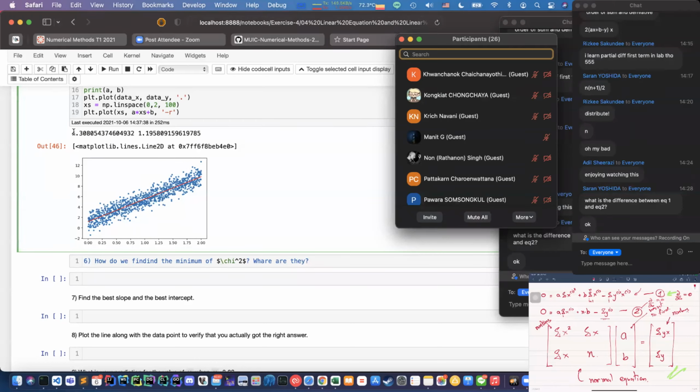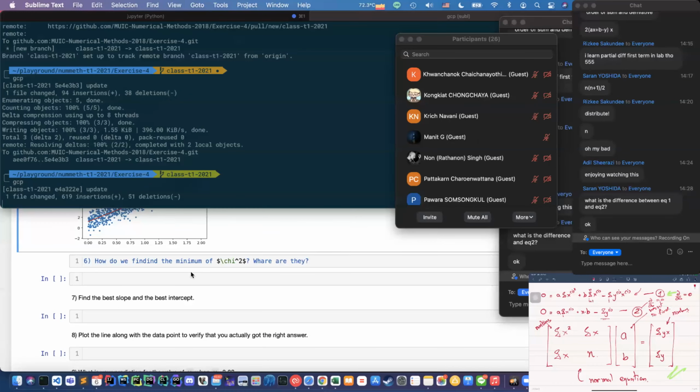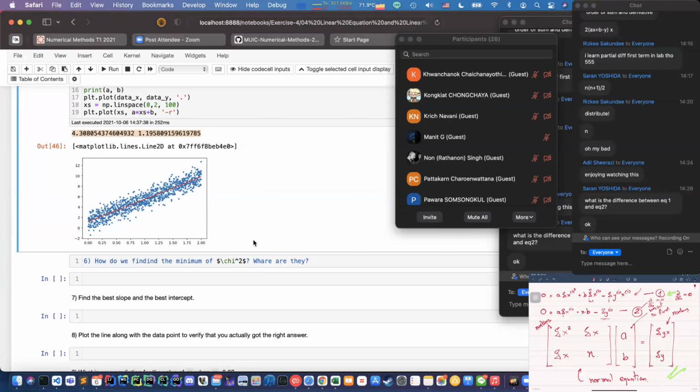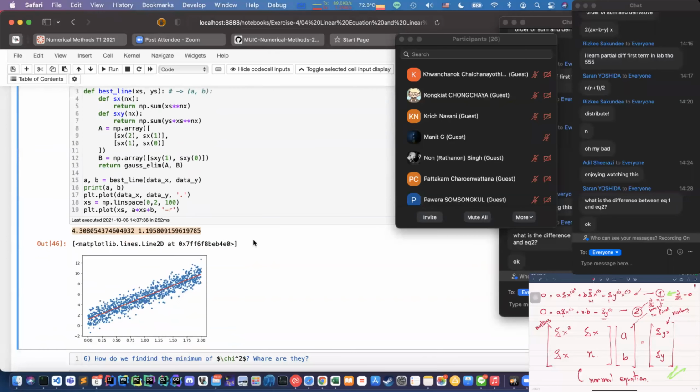If you do it right, your A and B should be around these two numbers. If you get the graph, raise your hand and let me know.